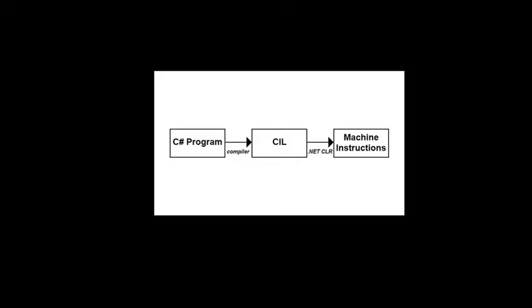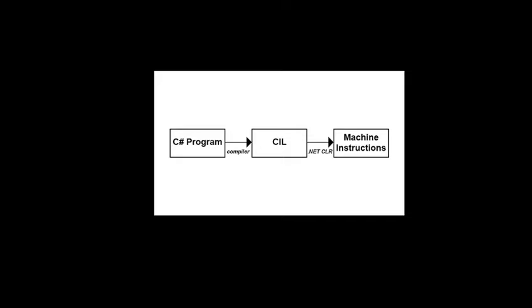So what happened? Well, we start with our C# program or our C# source code, and we run the compiler on it. And the compiler is a piece of software that converts that C# source code into what's called common intermediate language.